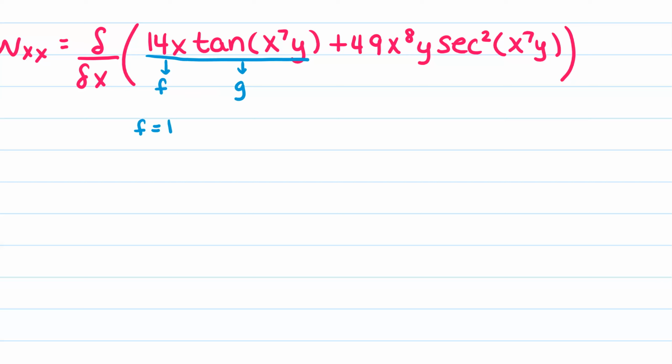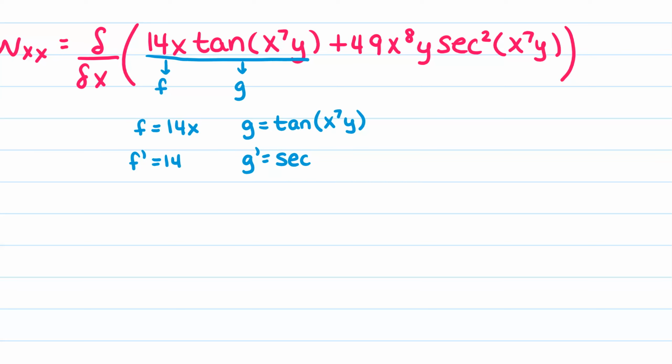So we'll make our f 14x. So our f prime is just 14. And then my g is tangent of x to the 7th y, and my g prime is the derivative of tangent, which is secant squared.